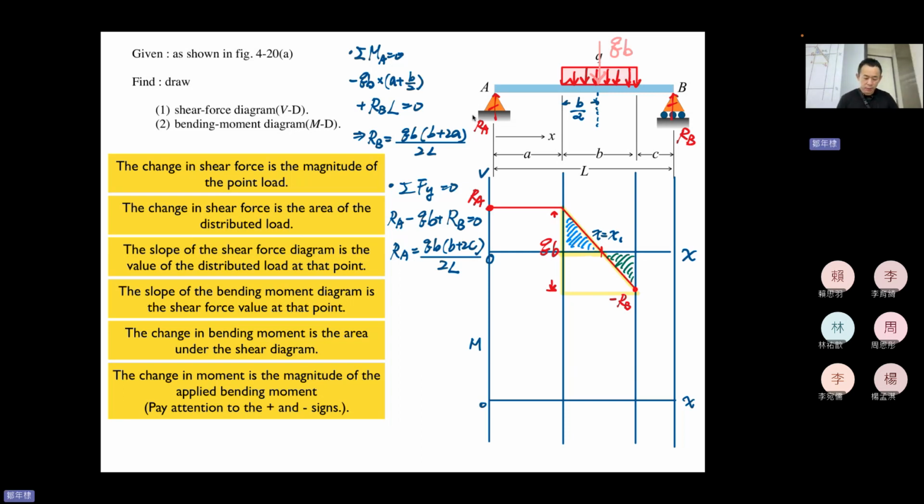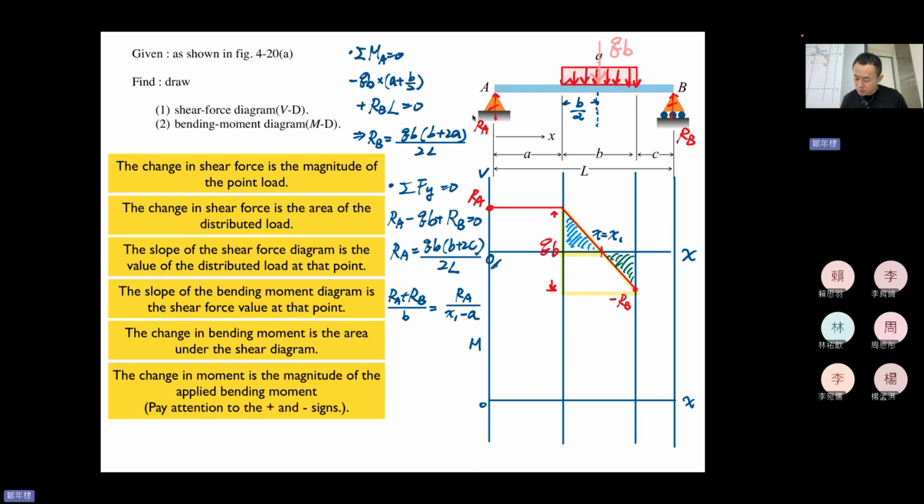It will be RB divided by B equal to RA divided by X1 minus A. Understood, right?